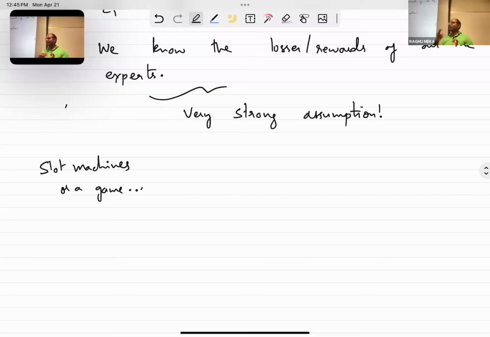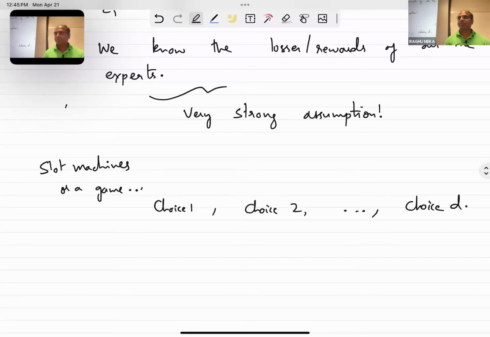Go, take this street, that street, and so on, right? You have a certain number of choices to make. You have choice one, choice two, and so on, all the way up to choice D. Okay, so these are technically our experts, but now we are thinking of them as choices that we have to make. And when I pick choice one, I get some reward. When I pick choice 10, I get some reward, and so on, right?